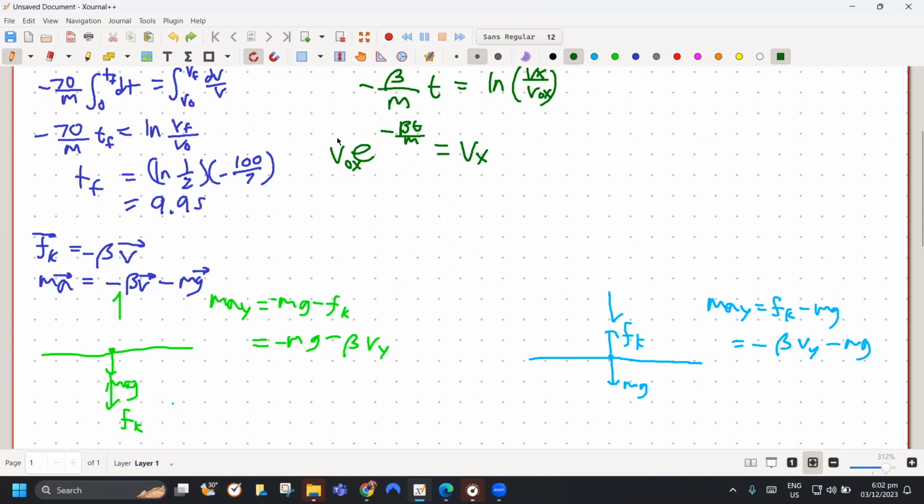Okay, the variable is just t. So write it as v_0x e to the minus beta t over m equals v_x, which is the derivative of what? Derivative of displacement, so dx.